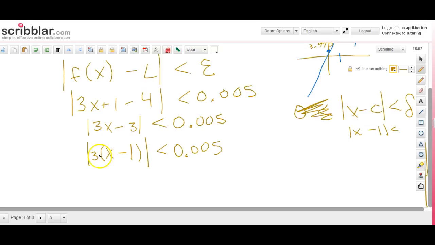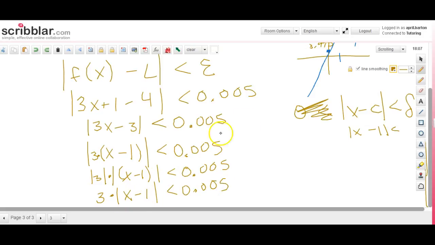And with multiplication, you can give them each their own absolute value. Some of these steps you don't really have to write out, but I'm showing you each individual step. I'll show you where we could really skip from and to. So absolute value of 3 is positive 3. And then we don't need the parentheses inside anymore. And then we want x minus 1 alone.